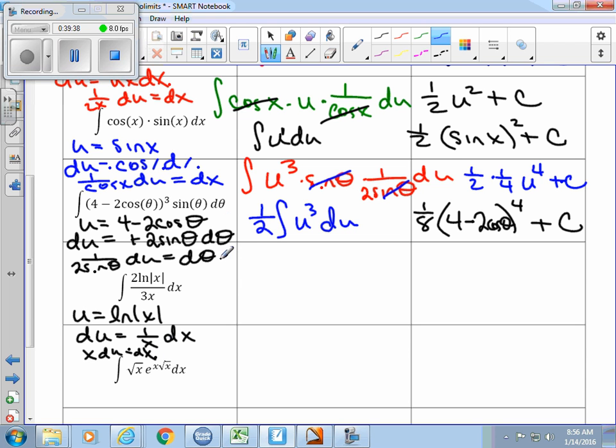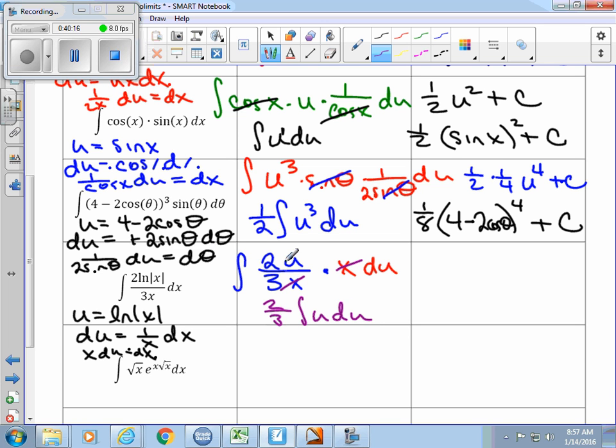So I have the integral of 2u over 3x times dx. And what was dx? x du. And what happens to those x's? They cancel. And so I get 2/3 integral of u du.